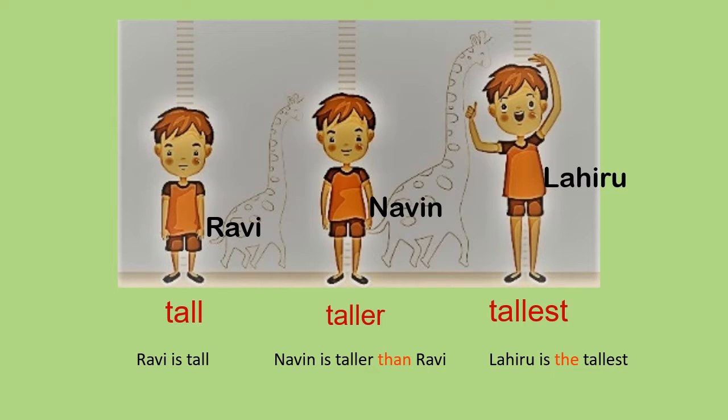Ravi is tall. When we compare Ravi and Naveen, we can say Naveen is taller than Ravi. When we compare all the three boys, we can say Lahiru is the tallest. So, tall, taller and tallest are three adjectives. They describe the three boys.